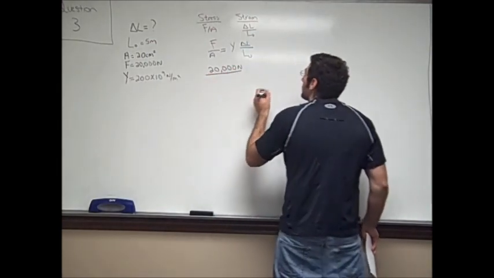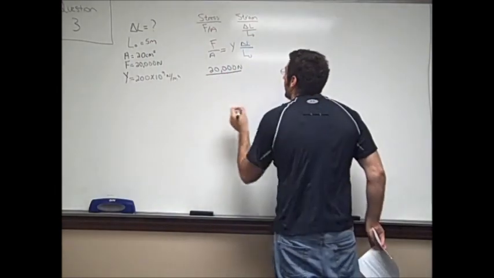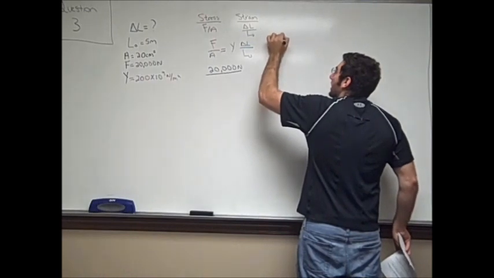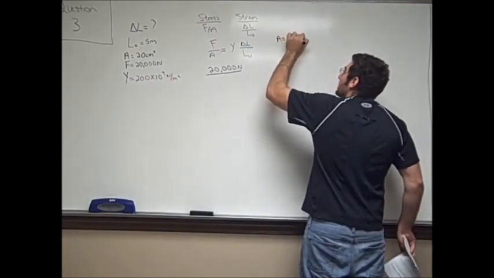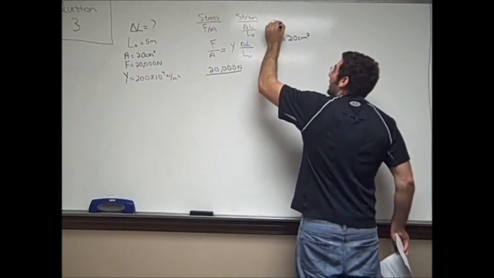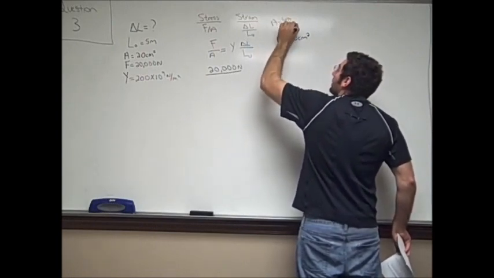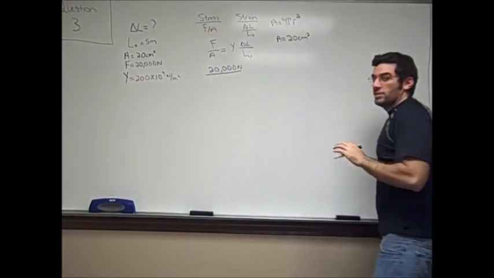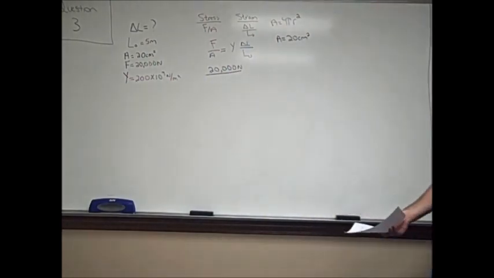Now the tricky part of these questions is the area. In this question it says the area is equal to 20 centimeters squared. Well, you have to remember for a wire or anything that the area is equal to the cross-sectional area, which is pi r squared.